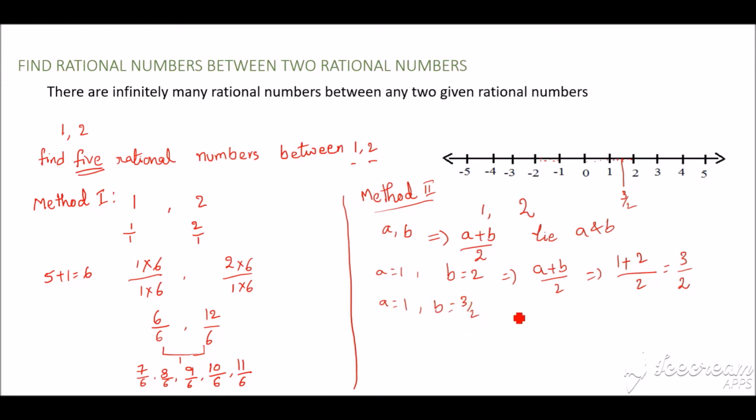Then 1 plus 3 by 2, by 2. We should take the LCM. So 2 plus 3 by 4, that 2 will come under the denominator. 5 by 4. This 5 by 4 will lie in between 1 and 3 by 2. That means it will lie in between 1 and 2 also.